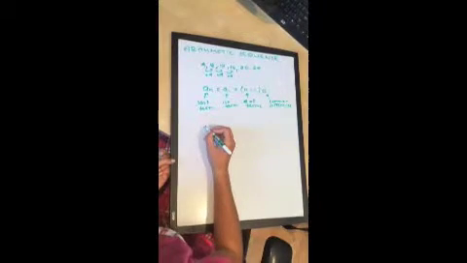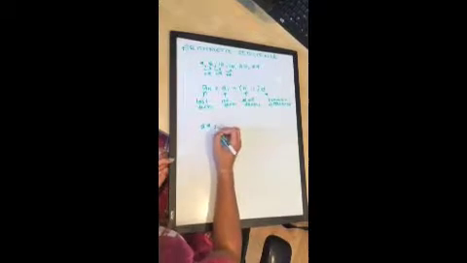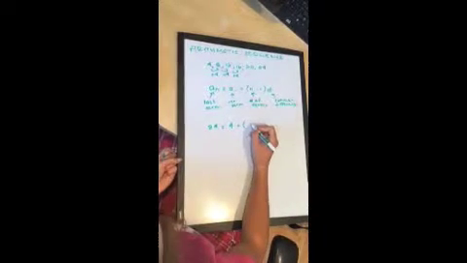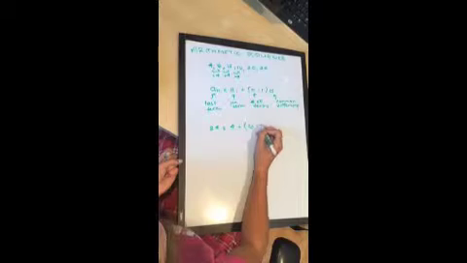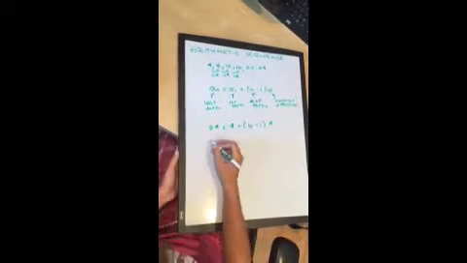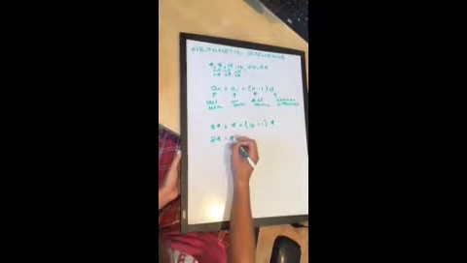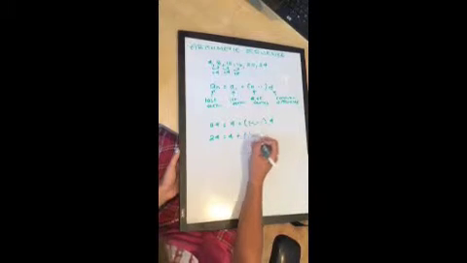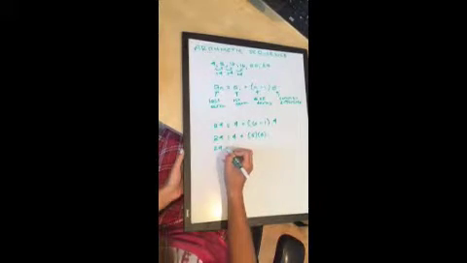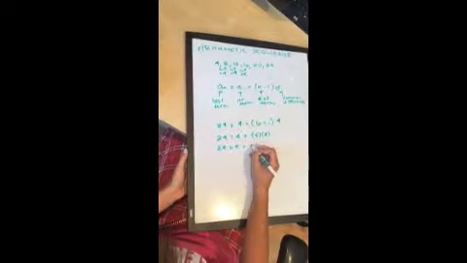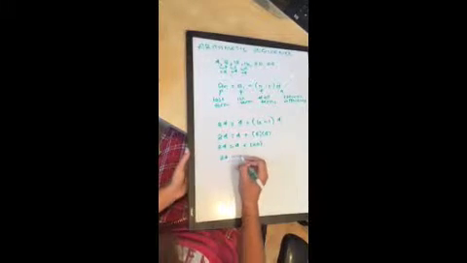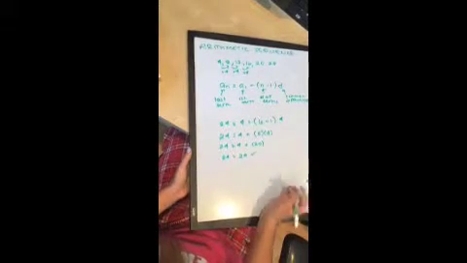So for this one, the last term is 24, the first term is 4, the number of terms is 6, and the difference is 4. So 4 plus 5 times 4: 24 equals 4 plus 20, 24 equals 24. So it works out.